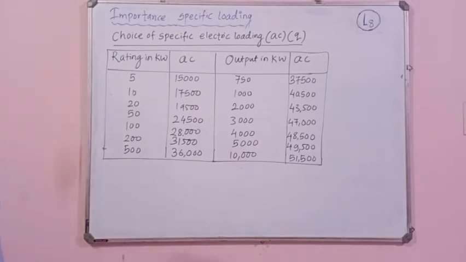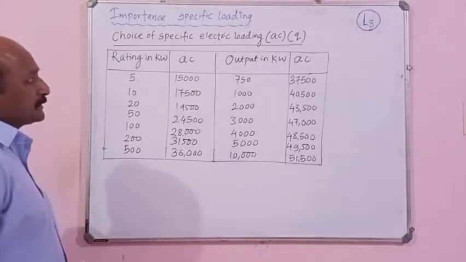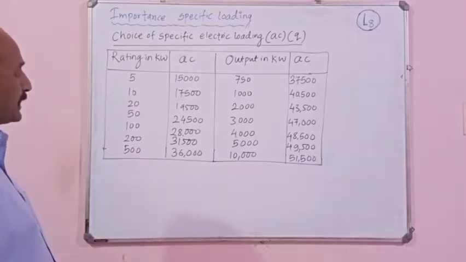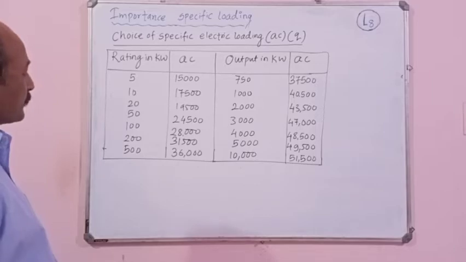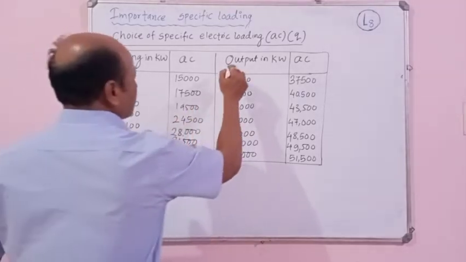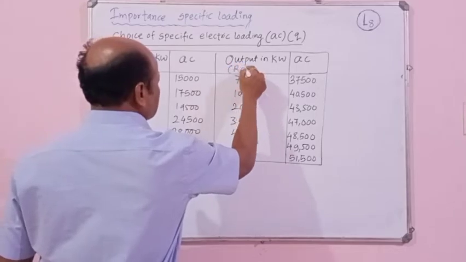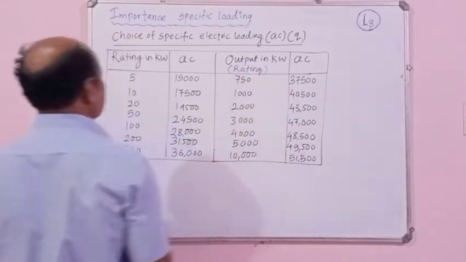So this table gives the choice of specific electric loading depending upon the rating of machine in kilowatt, or you can say the output of the machine in kilowatt.